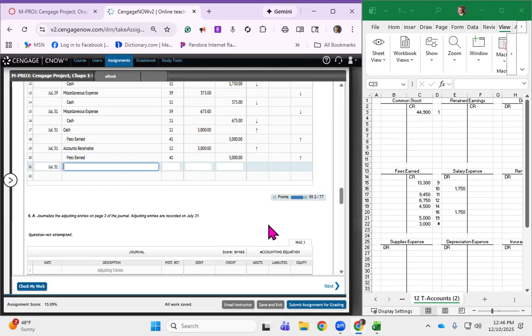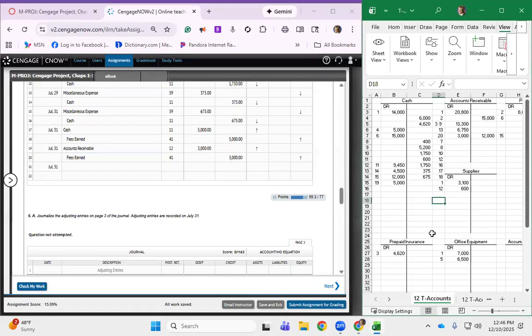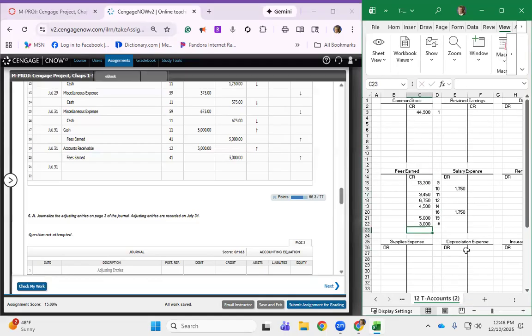So we're going to pay dividends, and these are cash dividends. Okay, so cash is going to go down. When you pay dividends, cash goes down. So let's make cash go down here. And we paid $12,500 of dividends. So let's see, do we have a dividend account?